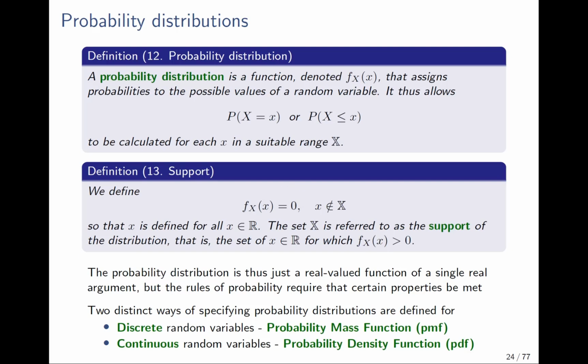And as I said, an important distinction is between discrete and continuous variables, because there are two distinct ways of specifying probability distributions. In the case of discrete random variables, we refer to the probability mass function. That is the probability distribution for a discrete random variable. For a continuous random variable, we talk about probability density functions. Okay, and we're going to look at both of those now.